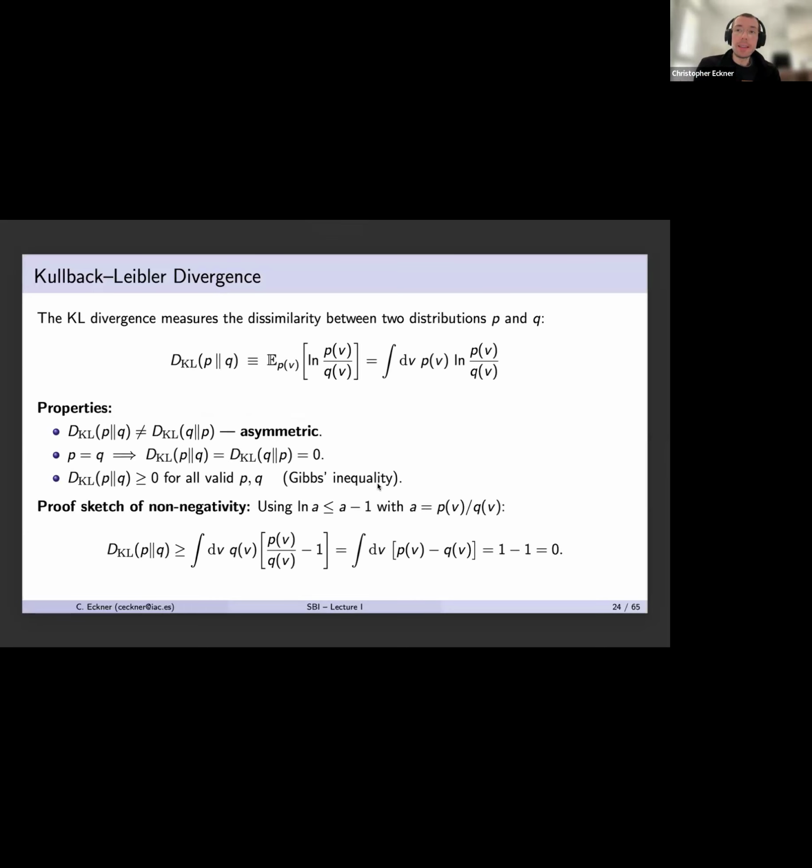There's one quantity that we can apply, called the Kullback-Leibler divergence. It measures the dissimilarity between two probability distributions, P and Q. It is basically the expectation value of the logarithm of the quotient of one probability over the other, weighted with one of the probability distributions.